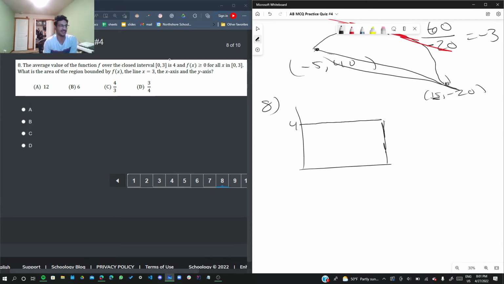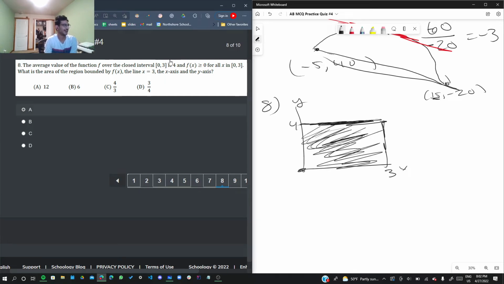This is how I like to think about it. What's the average value of this function? It's 4. Like the height of it is 4, all the way across, right? And this is 3. So no matter what, if the average value is 4, then the total area under the curve from 0 to 3 has to be 12.